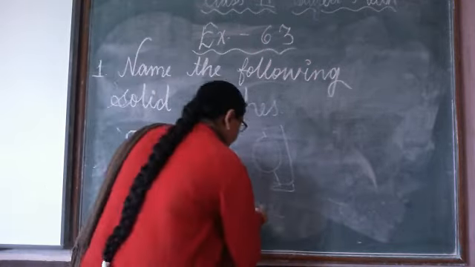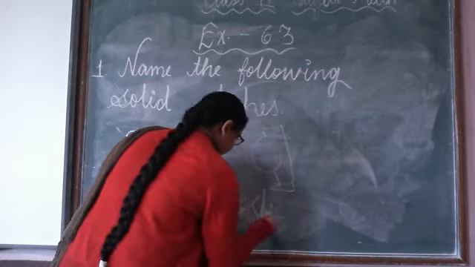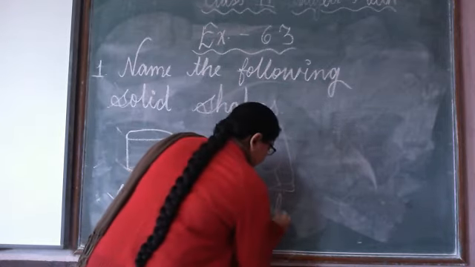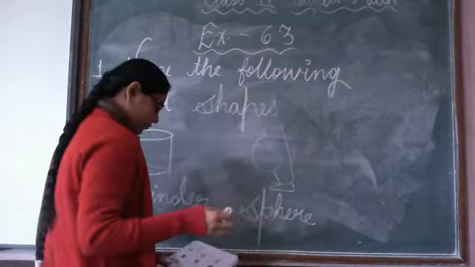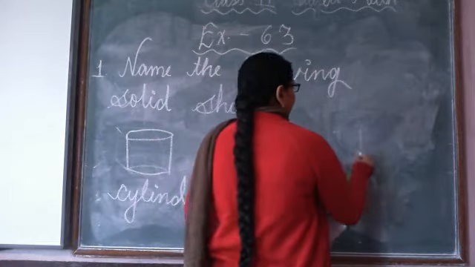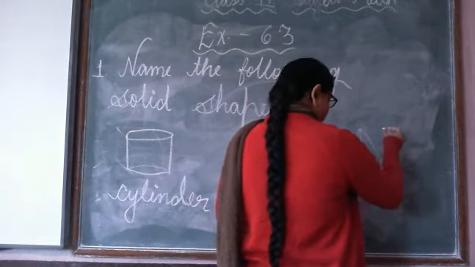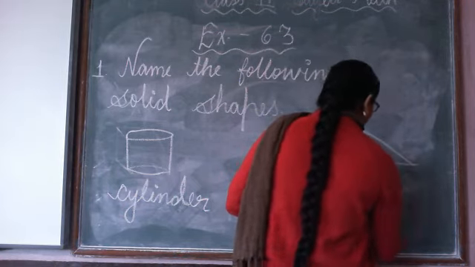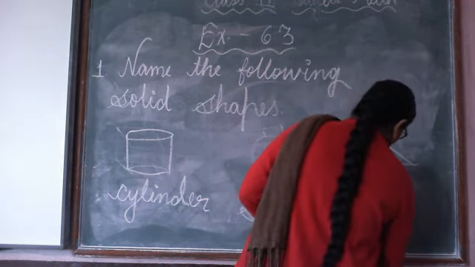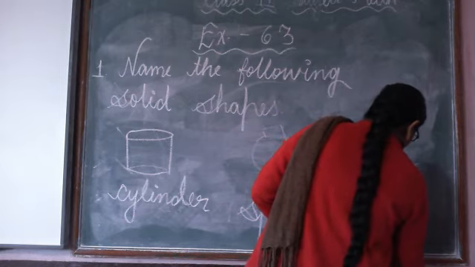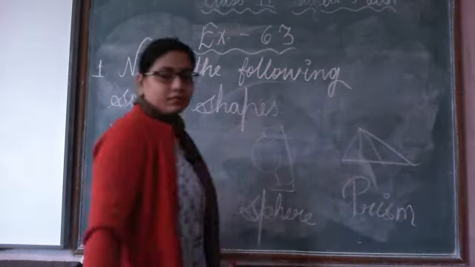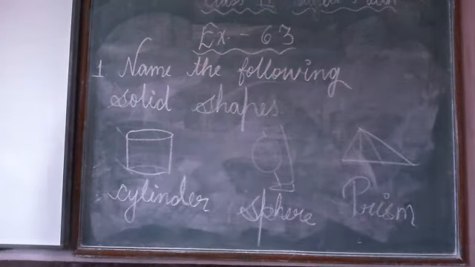Once again sphere came, so this is a sphere. Now the next one is a tent, and we know that a tent is in prism shape. So this is a prism. So the fourth one is cylinder, fifth is a sphere and sixth is a prism. Draw the shape and write the whole sentence.